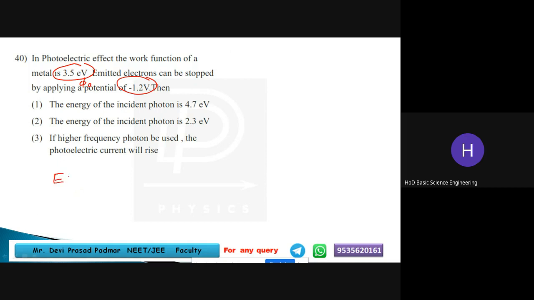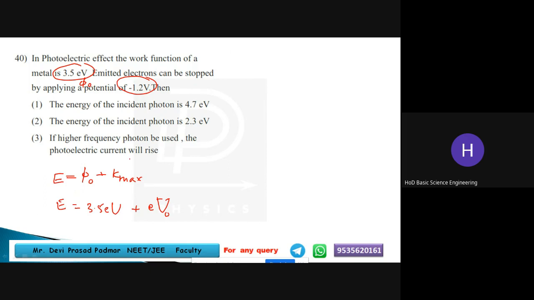You know, the total energy is used in two parts, Einstein's photoelectric equation: work function plus maximum kinetic energy, which is equal to eV naught, the stopping potential.